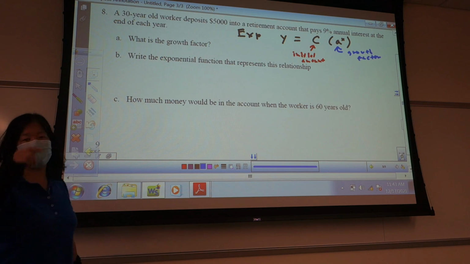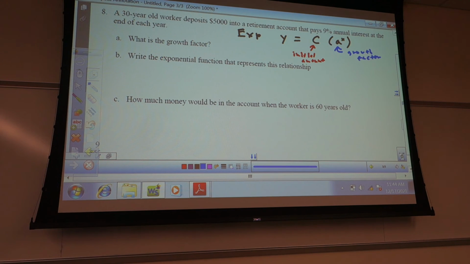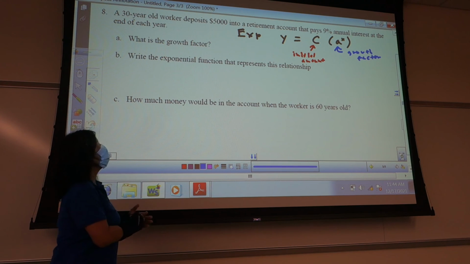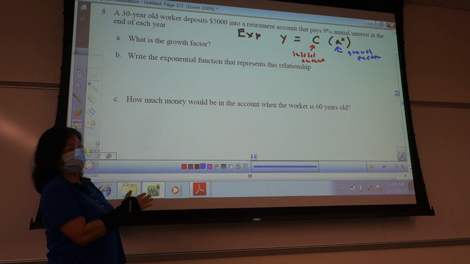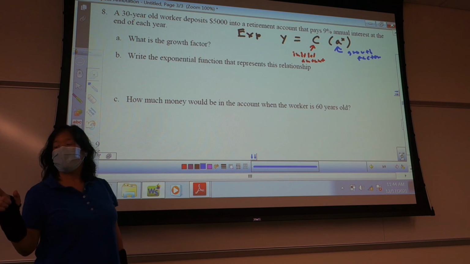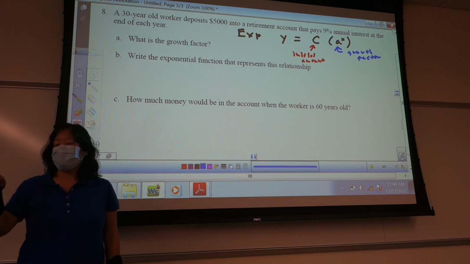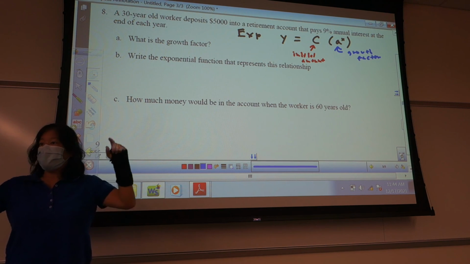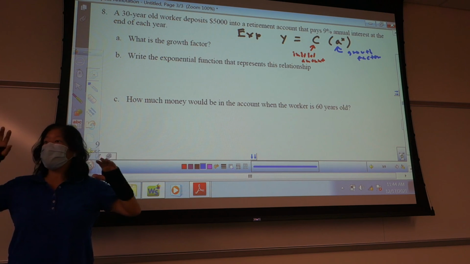Well, think it through. Would X be his age because that's what's changing in time? It kind of is his age, except there's a little bit of a change. The X is the multiplier? No. X is the variable. X and Y are your variables. Hold up. X and Y are always the two things that are changing in the problem.